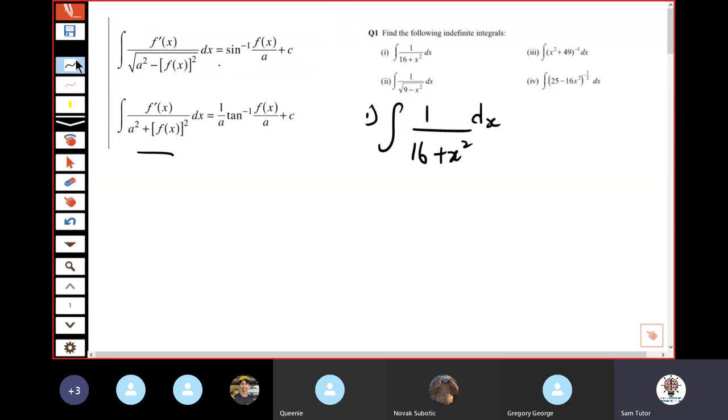So can someone tell me what the answer to cosec theta cot theta becomes? If sec theta tan theta becomes this, what's the answer to cosec cot? Rosemary? Any idea? Think of that little trick I showed you here.